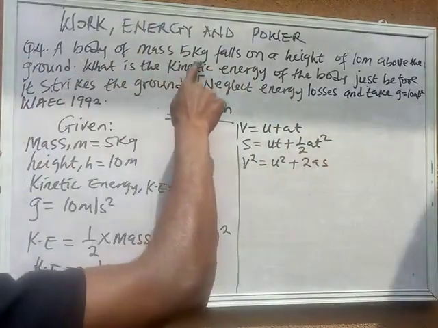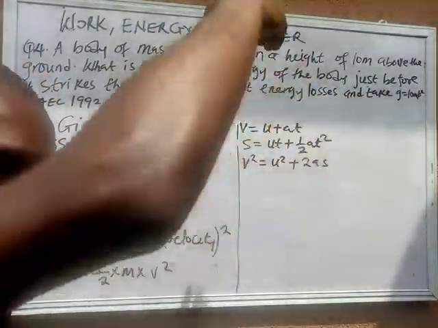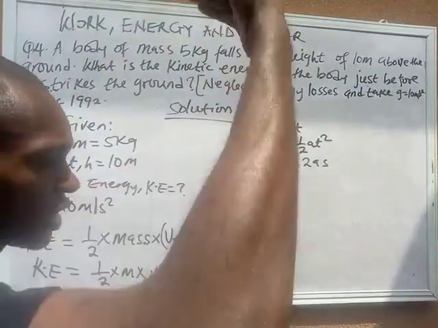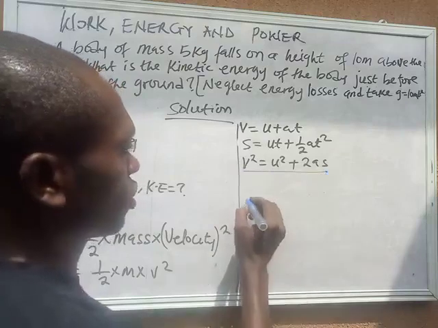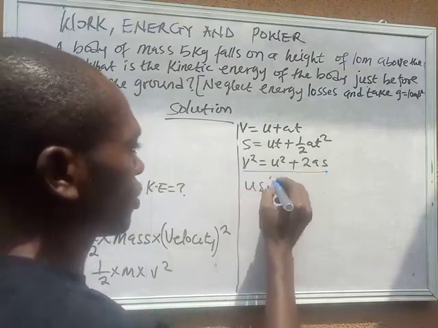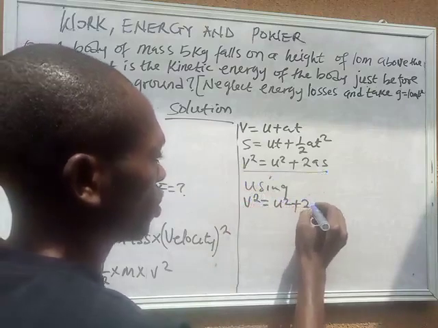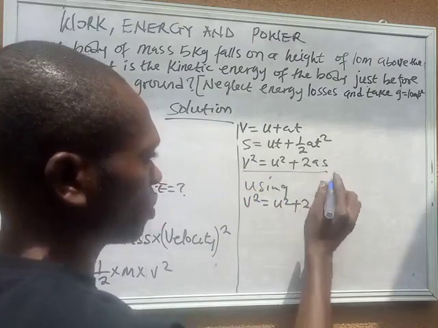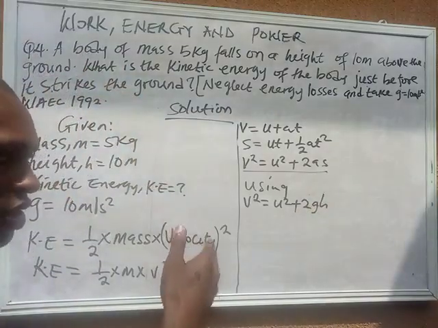A body of mass 5 kg falls from a height of 10 meters above the ground, so it's vertical motion. To look for v squared, I'm going to be using v squared equals u squared plus 2gh, replacing a with g and s with h, since we're referring to gravity here.